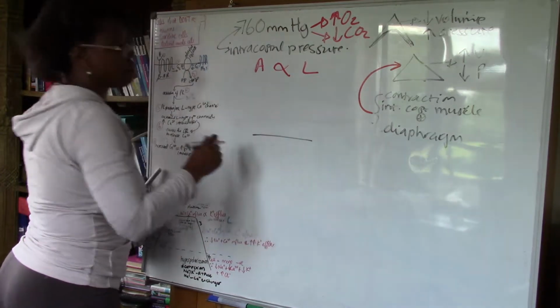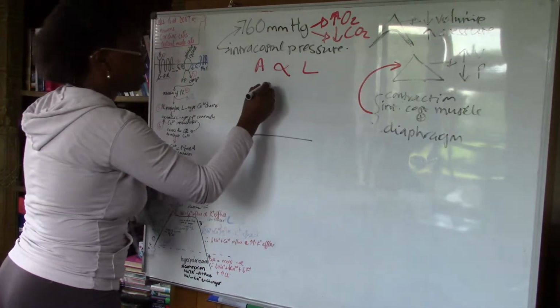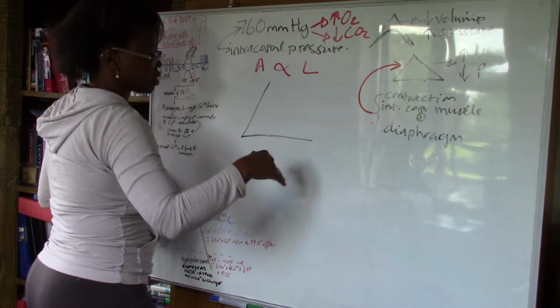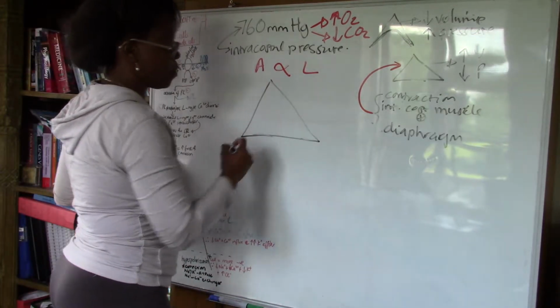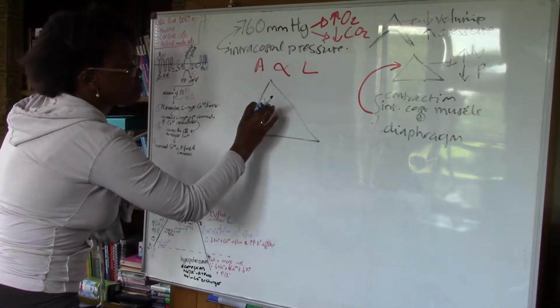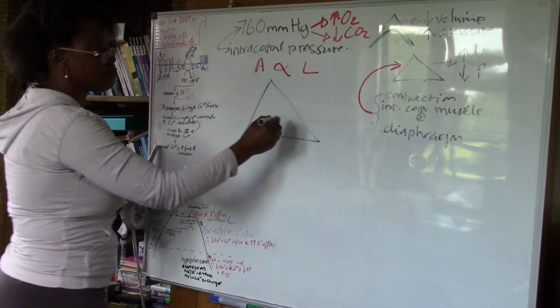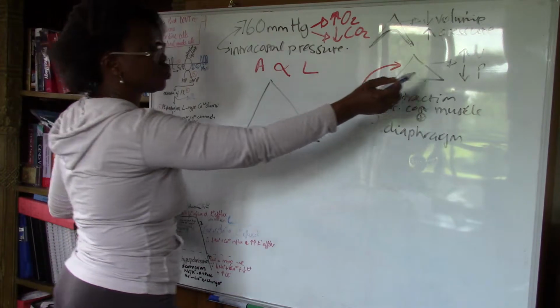And then as the diaphragm contracts and the intercostal muscles contract as well, they both lift the rib cage away and up, and that action obviously increases the volume of the lungs, however it reduces the pressure.